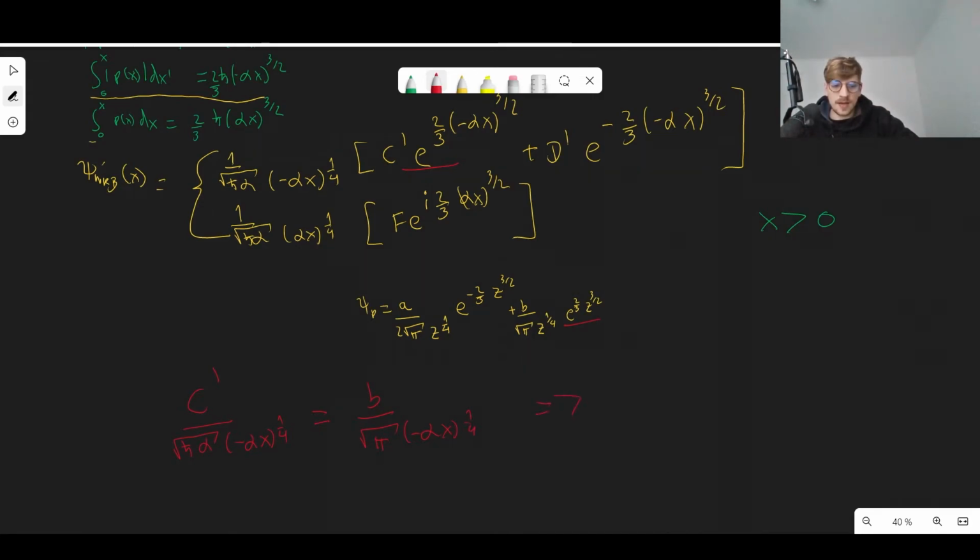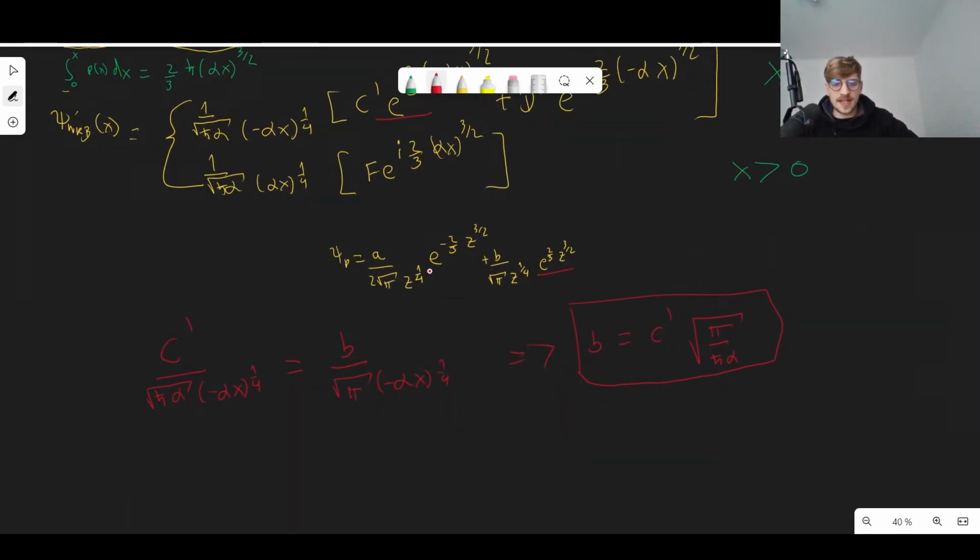From there we can find that b is c prime times the square root of pi divided by h bar alpha. Yes, there we go. This is result number 1. Now let's compare the other exponents, the negative exponent.